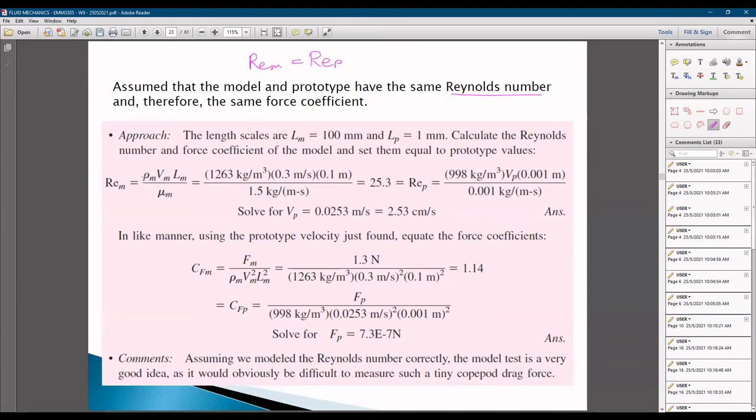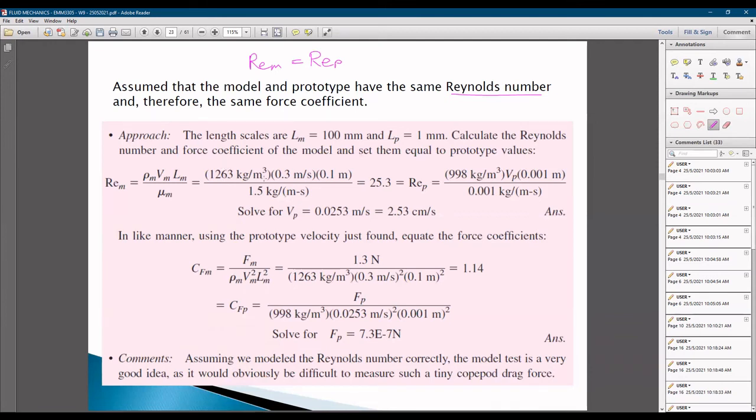Okay, now we want to calculate the Reynolds number for our model. For the model, we know that it is inside the glycerin. The fluid that we use is glycerin, so the density and the viscosity must be taken from the glycerin.